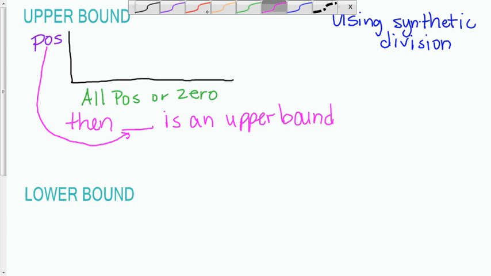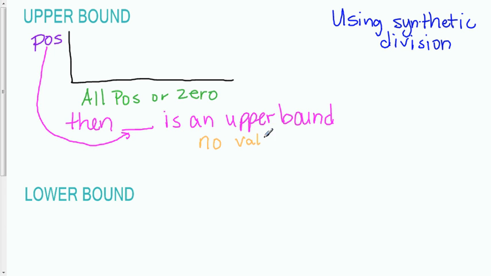And now, what does an upper bound mean? It means no value above it can be a root.